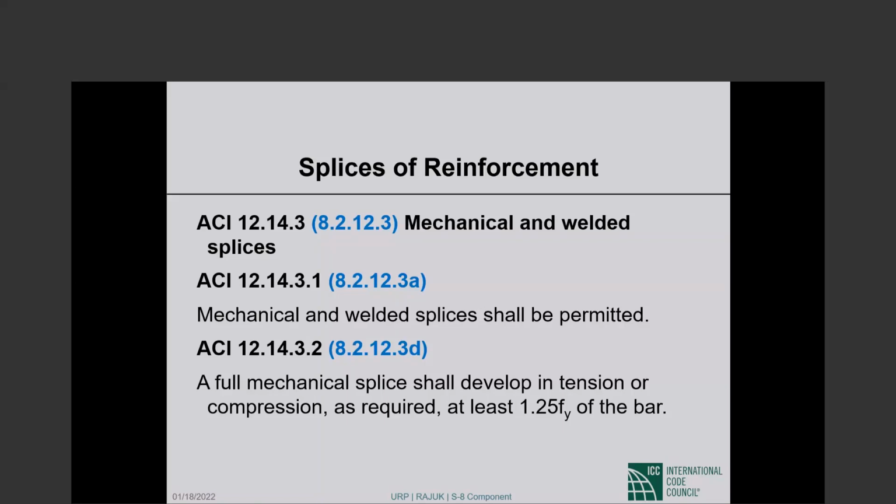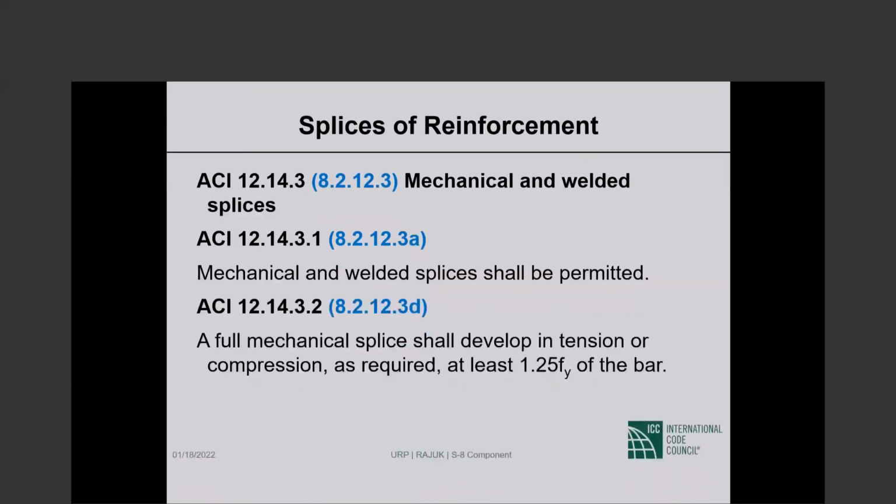It typically will not have only peripheral reinforcement. There may be interior reinforcement. How would you get in there to install the mechanical splices? So there are limitations. It is an attractive solution provided you can afford it, and provided you have access to the bars on which mechanical splices are to be installed. Okay? So anyway, a full mechanical splice develops 125% of the yield strength of the bar.